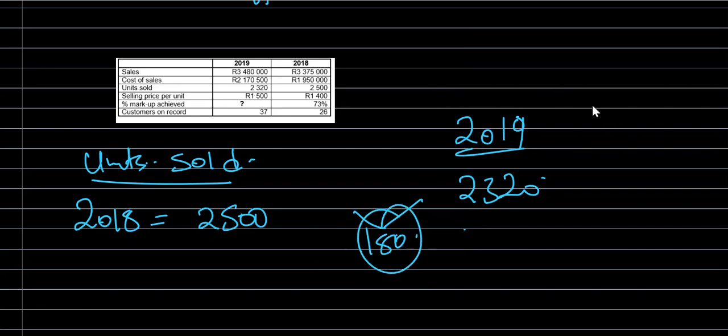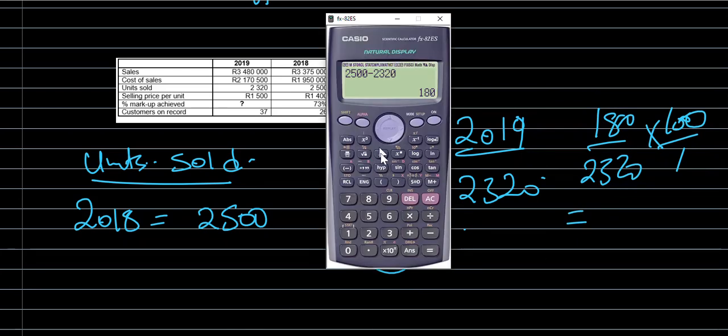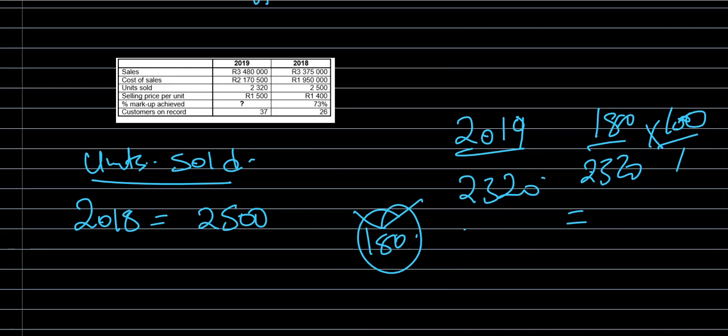Let's calculate the percentage decrease. There's a decrease right there. So it's going to be 180 units divided by 2,500 times by 100 over 1, right? We divide by the original, not by the amount that decreased.